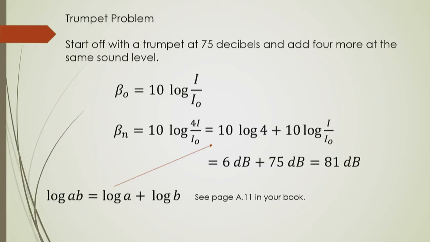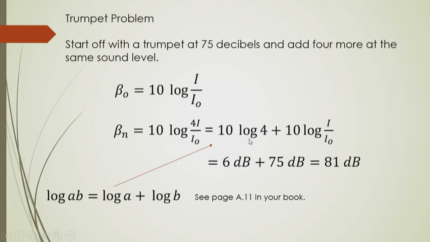So I start out at 75 decibels. That's my initial one. I'm going to add the 4 more. So that's going to be 4 times the intensity inside the logarithm. And you can break up your logs to do that.